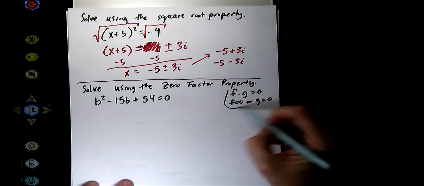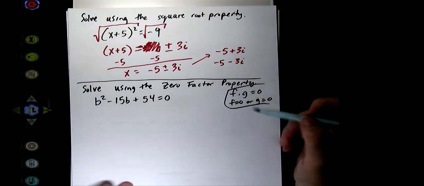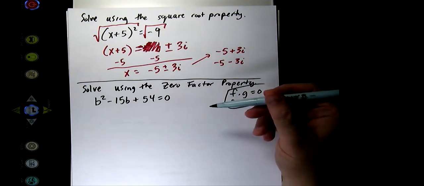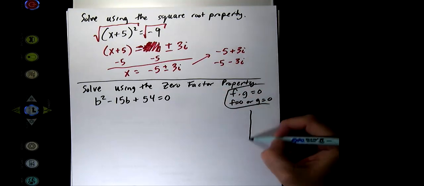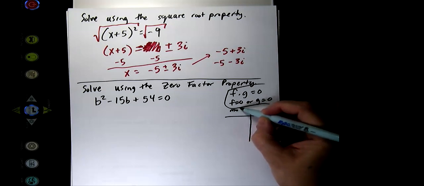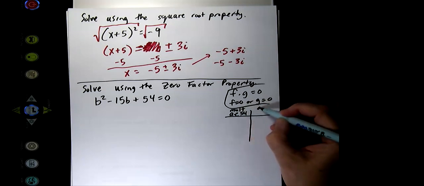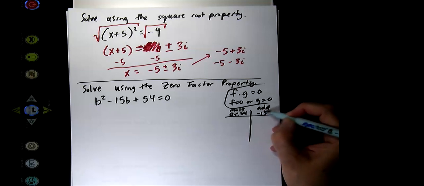That's a zero factor property, which means they want us to factor this. So we need to find things that multiply to 54, a times c is 54, and add to negative 15, which is b.